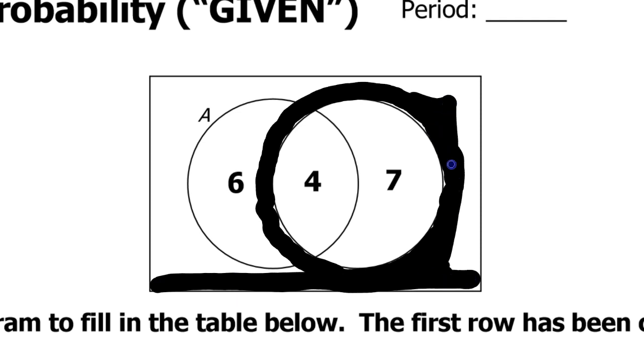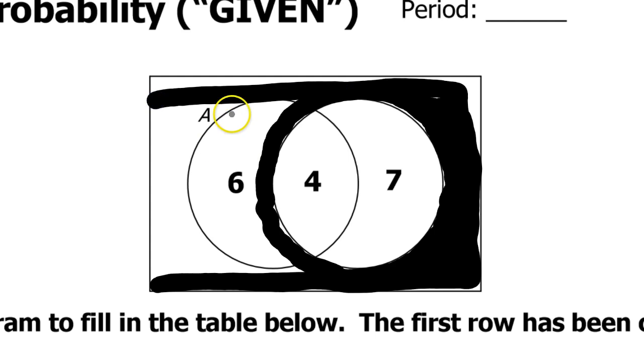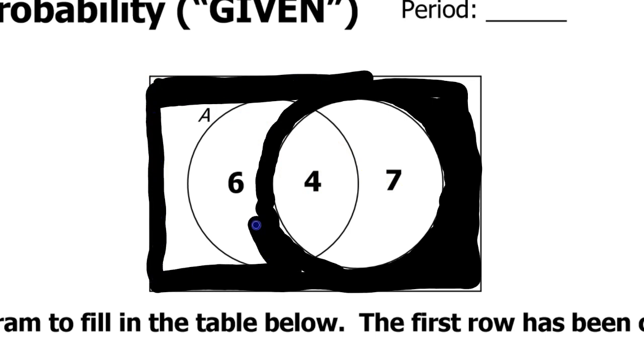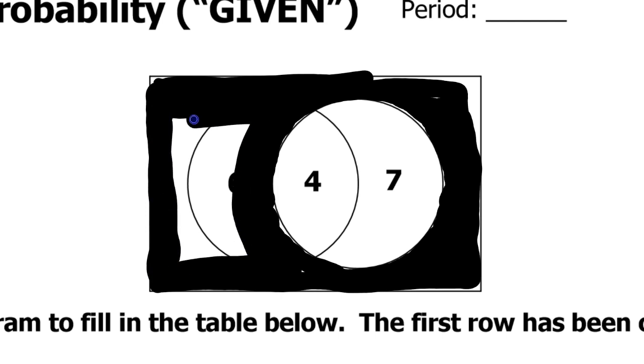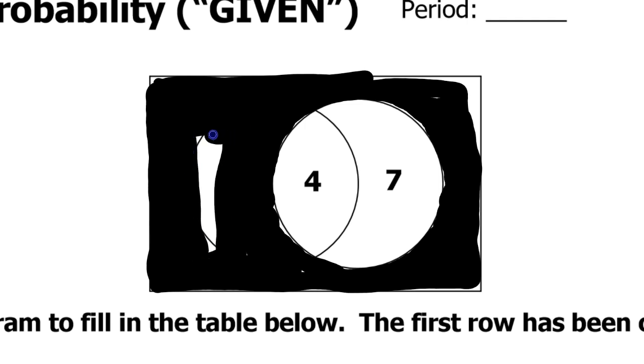We are given B, so B becomes the new universe. Now, I'm about to black this out, so we'll just remember that the 4 was from A and the 7 was from B as I black the rest of this out. Okay, so this is a very dramatic way of showing what it means to be given B.